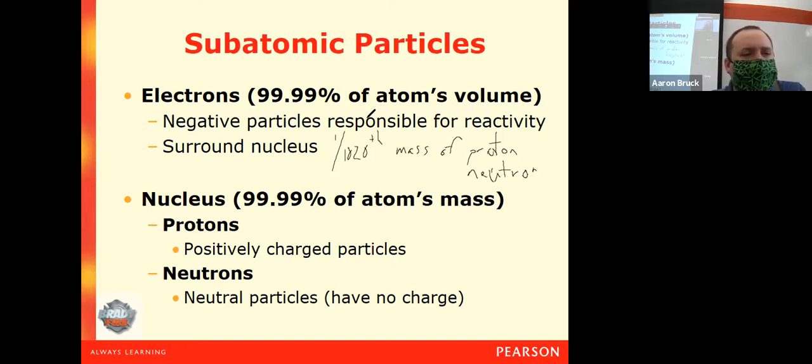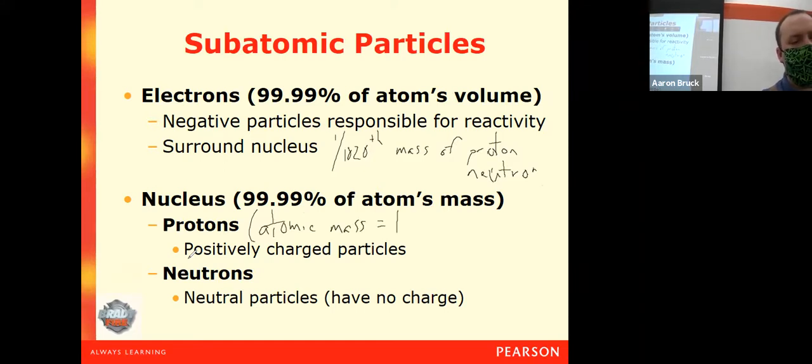And inside the nucleus, there are two different subatomic particles. There is the proton. The proton has an atomic mass of about 1, and the protons are positively charged particles.